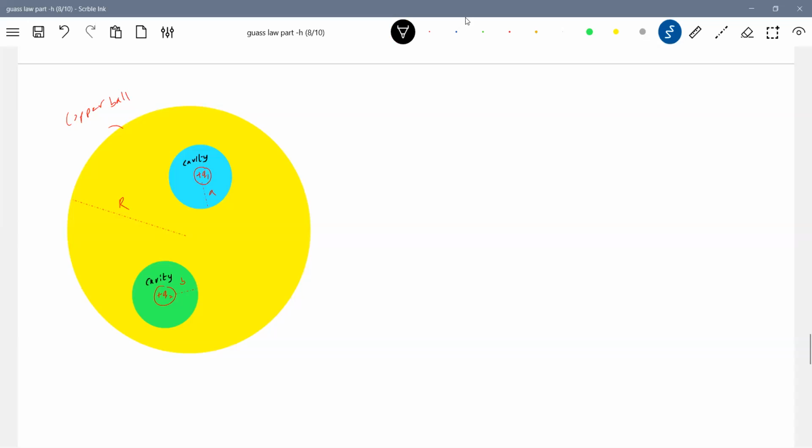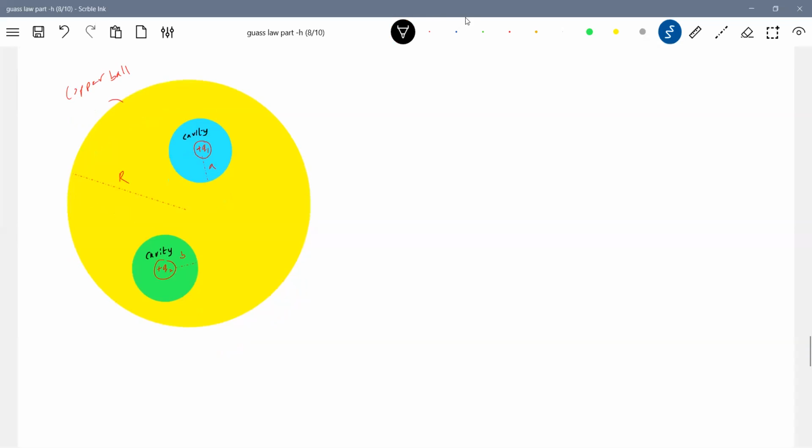Q1 and Q2 are point charges kept at the center of the respective cavities.